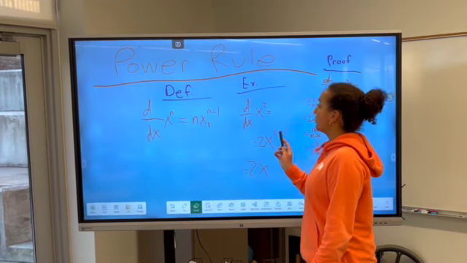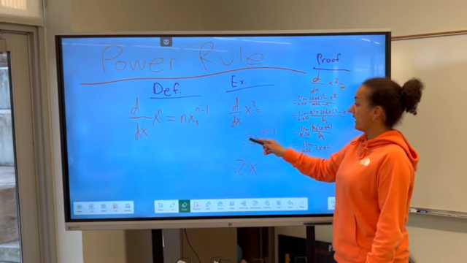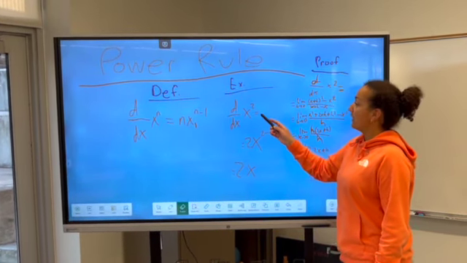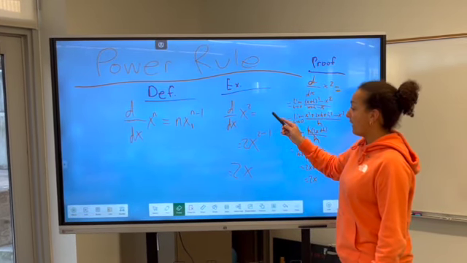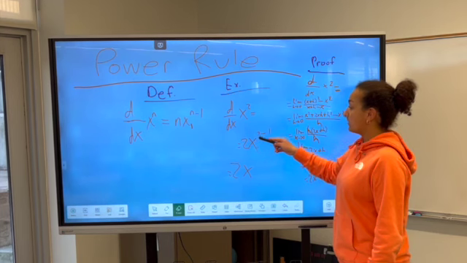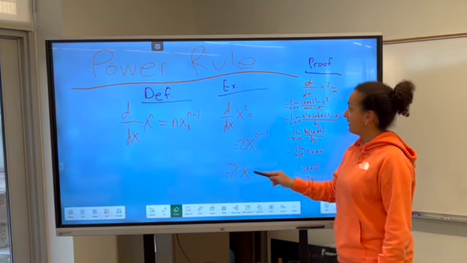So in this example, we have the derivative of x squared. We take the 2 down, make it our coefficient, and then subtract 1 from the exponent, getting us to 2x to the 2 minus 1, which gets us to 2x.